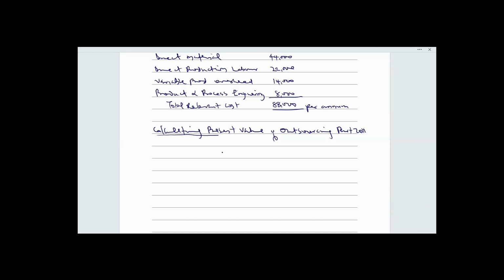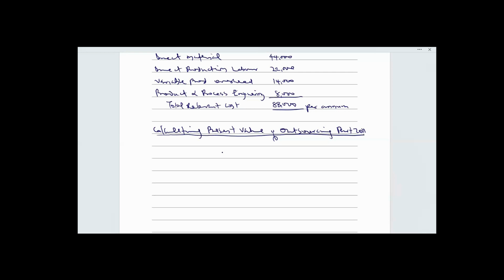We want to determine the present value of outsourcing part 2011. When we get to capital budgeting, I will be explaining what present value is all about, and how you determine your NPV, payback period, internal rate of return and all these things. We are going to discuss it in detail then. But for now, let's solve this question as it is.